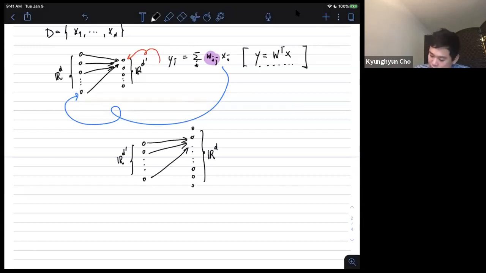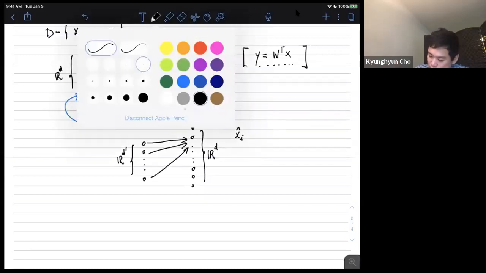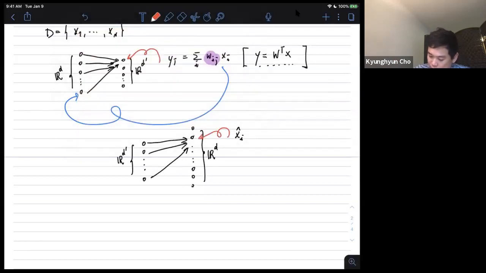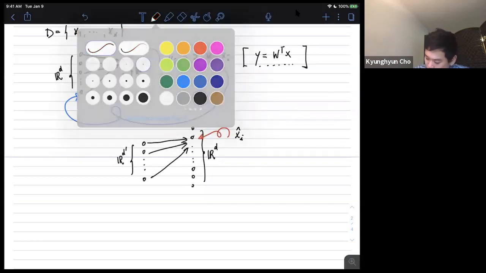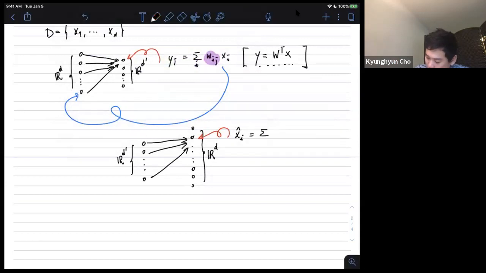And here, instead of using y, I'm going to use x hat. So x hat i, which corresponds to one of the output dimensions, is computed as the sum over j of W ji times zj. And here, z corresponds to the input. So zj is going to be one of the dimensions in the input.